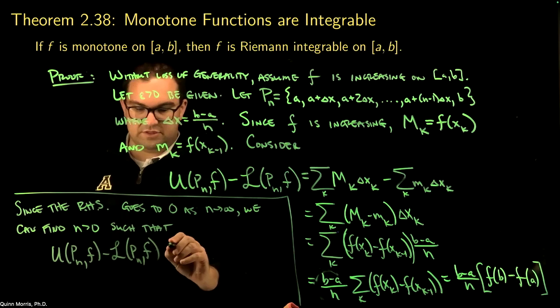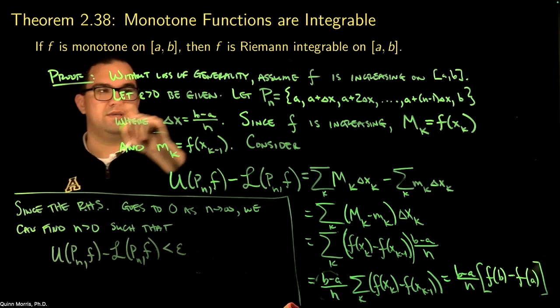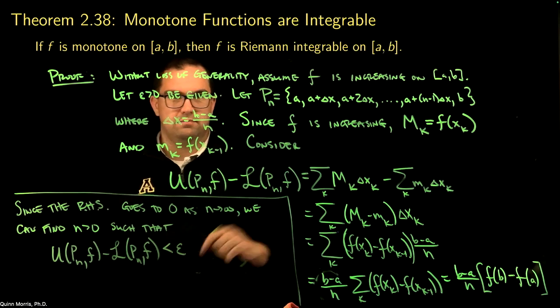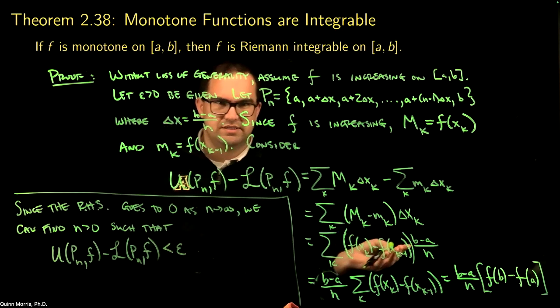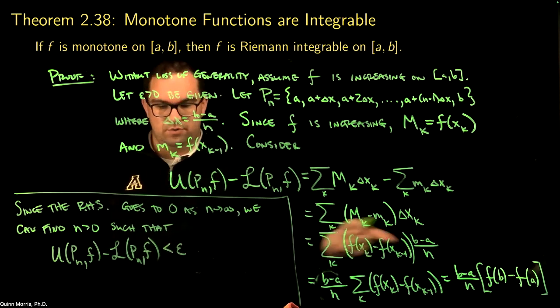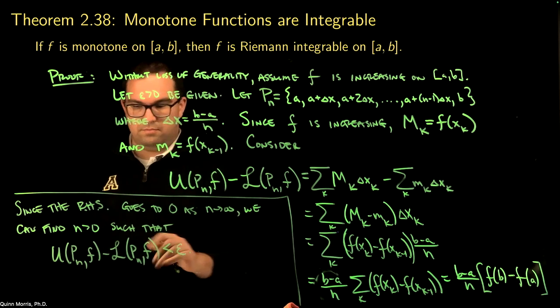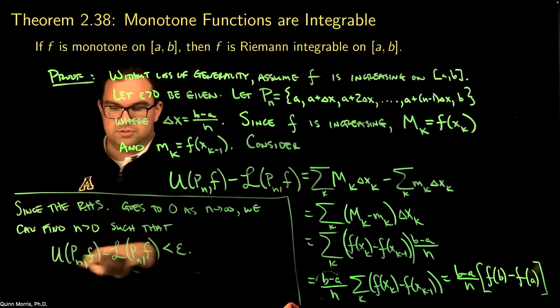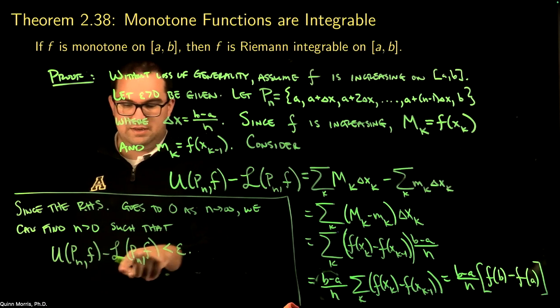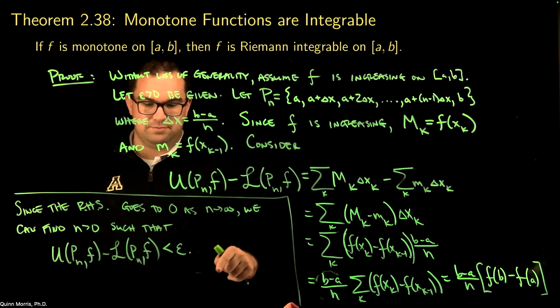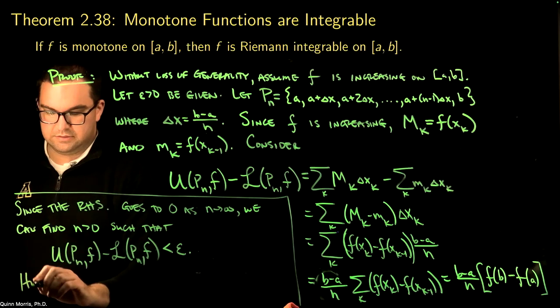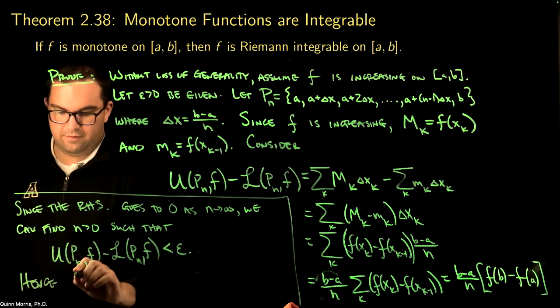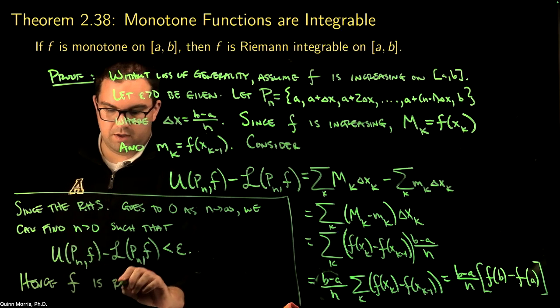So if I go out far enough, it certainly has to get less than whatever this epsilon was up here. Because if it never got less than that epsilon, it couldn't go to 0. So it must get less than epsilon because it's going to 0. But then this P_n is exactly the partition so that the upper sum of f over P_n and the lower sum of f over P_n differ by less than epsilon. And so hence f is Riemann integrable.